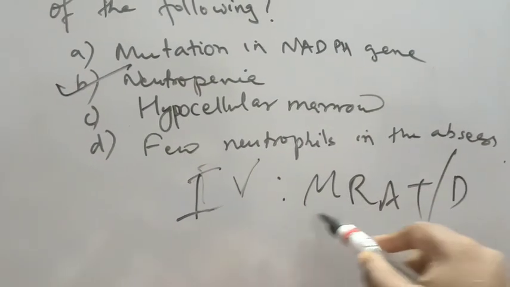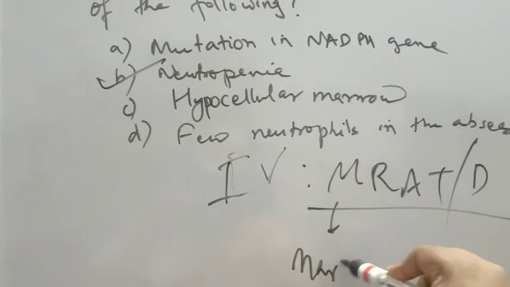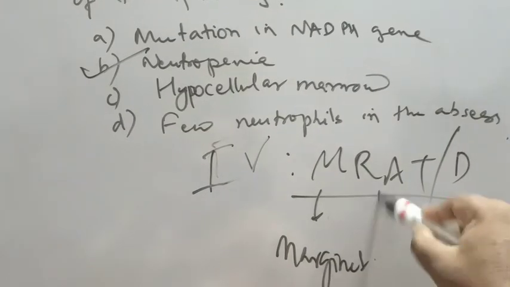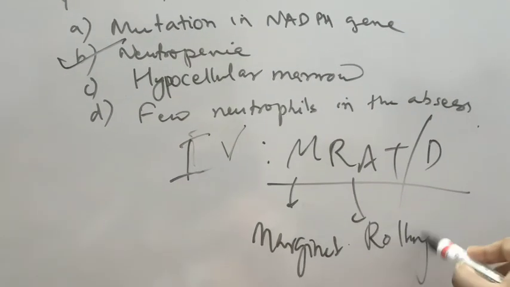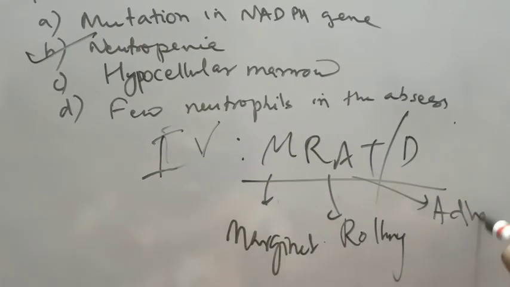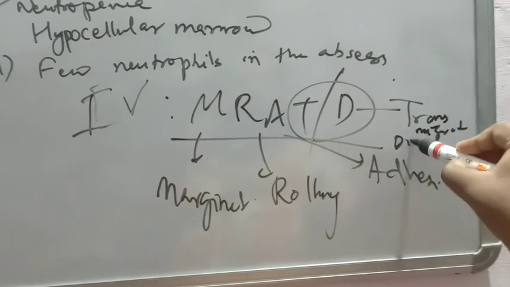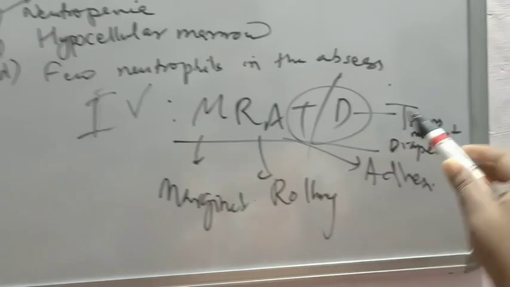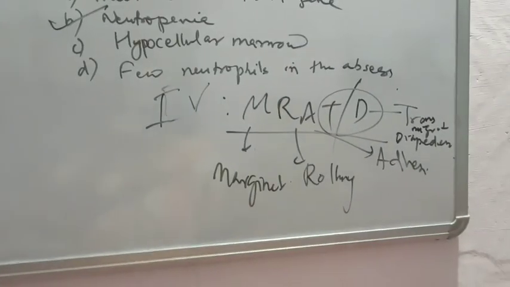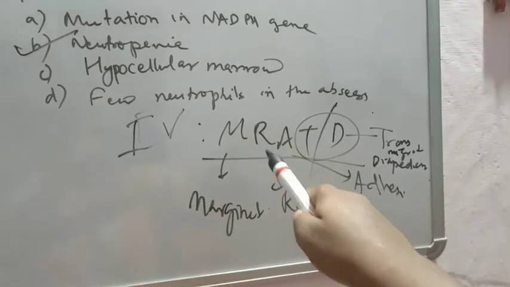M is margination, R is rolling, A is adhesion, and T is transmigration or diapedesis. It's one and the same thing. So intravascular changes is MRAT or MRAD, whatever you remember it as.